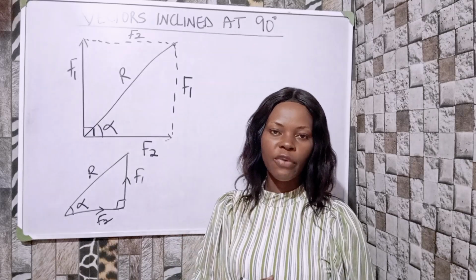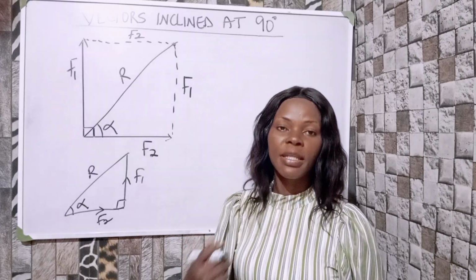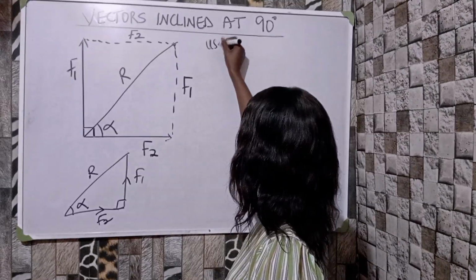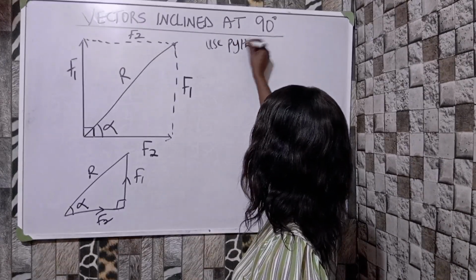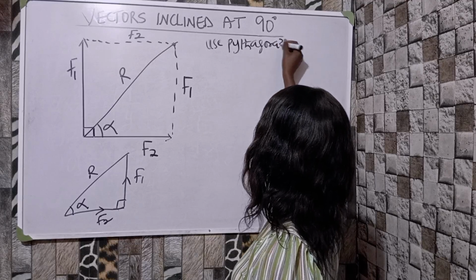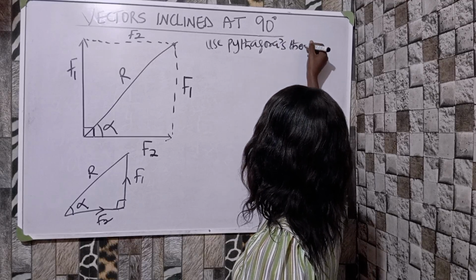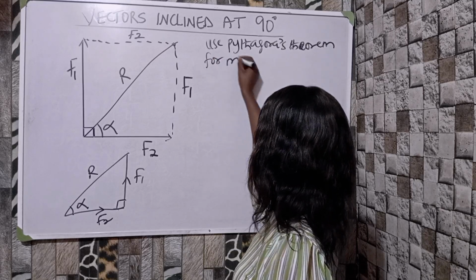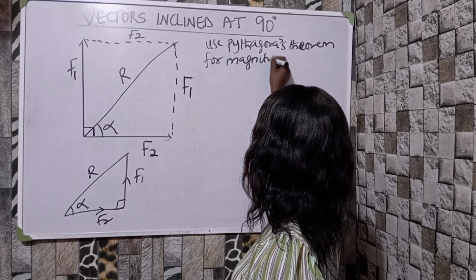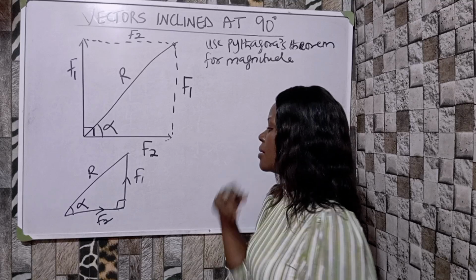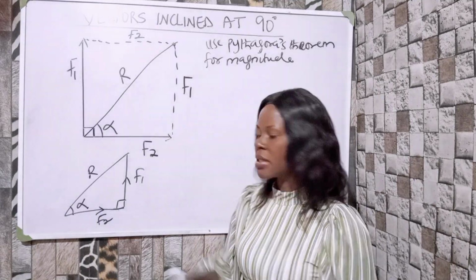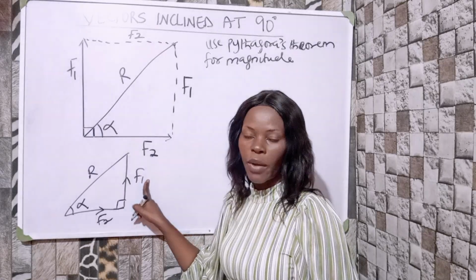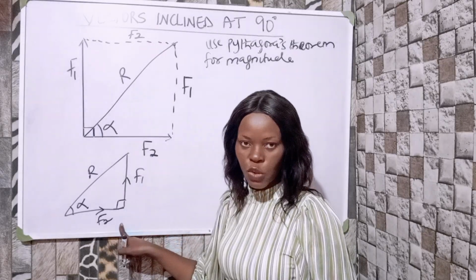We are going to use Pythagoras theorem to solve for the resultant, or the magnitude. Pythagoras theorem states that hypotenuse square, which is the longest side, is equal to opposite square plus adjacent square.